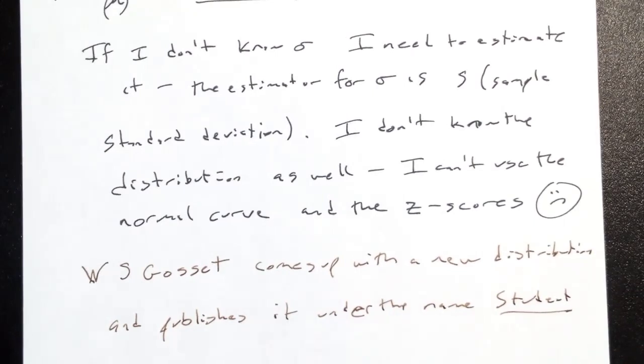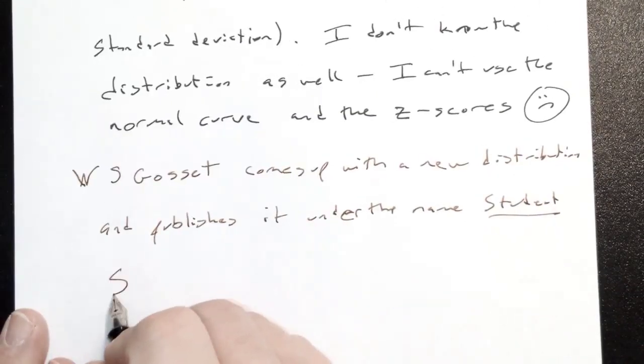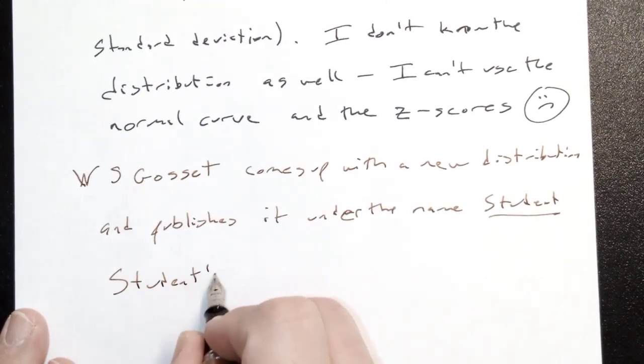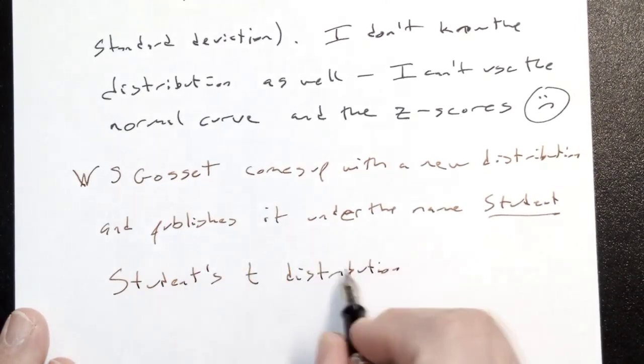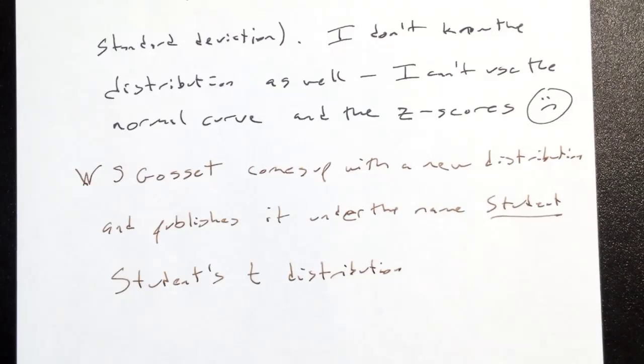So what we get is a new distribution called the t distribution. And he says this is almost a normal distribution, but we're going to change it slightly. And the change is going to be dependent on how many things we have. Since he was working with very small numbers, 2 or 3 or 4 samples, he wanted to incorporate that.